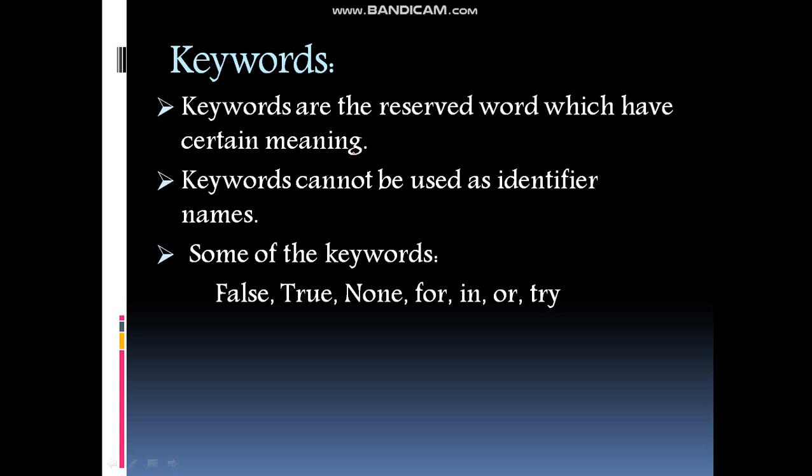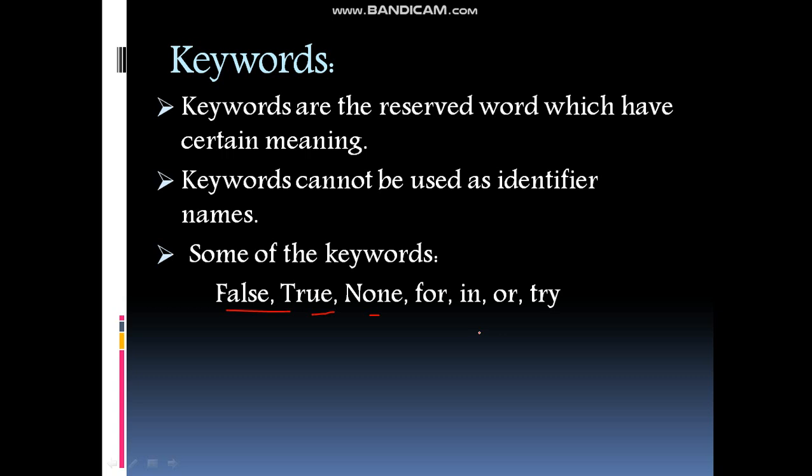We will just use the word in our program, and whenever you use it, it will ascertain that this word is used for this purpose. Some of the keywords are False, True, None, for, in. Those who are new programmers may get confused about these names, so I am not going into detail, but keep in mind that these are certain names. These are some of the keywords.